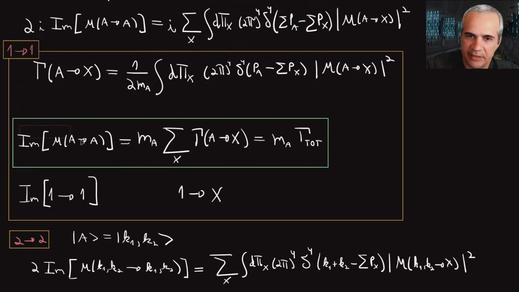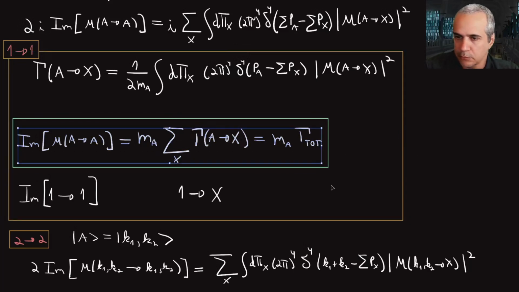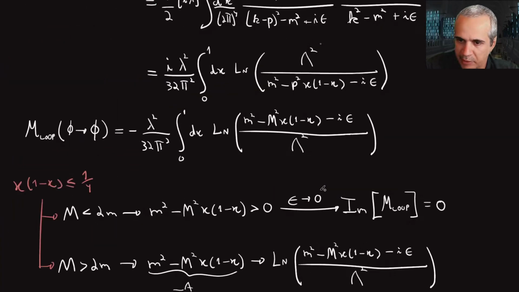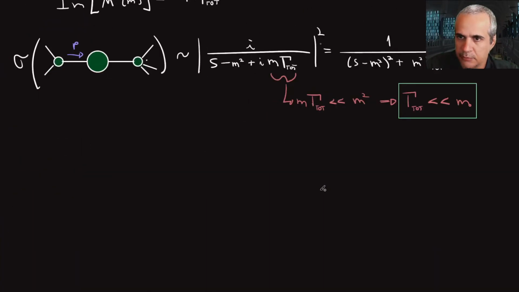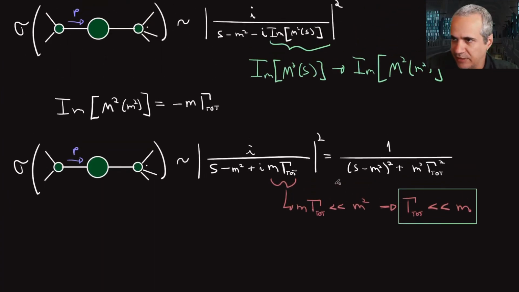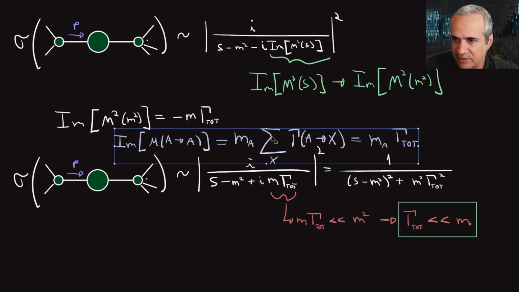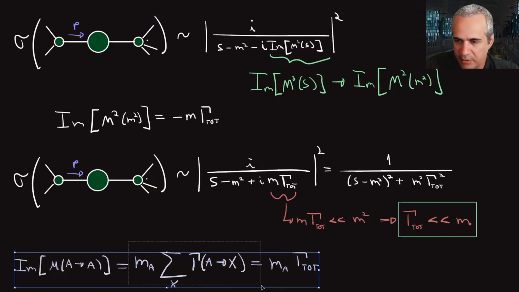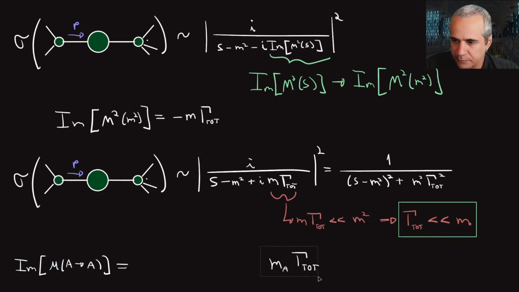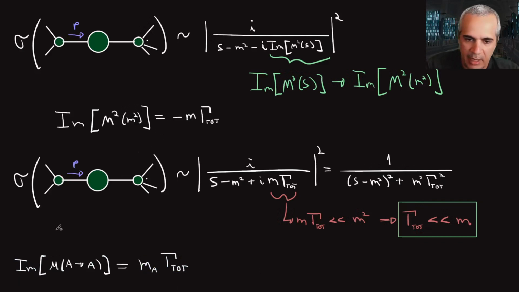If I take this expression and copy it where we need it, notice that this approximation, this identification here, is the same as taking this equation. Let me delete the intermediate steps. This is the same as taking this: i M is equal to minus i, the 1PI contributions, plus whatever is not 1PI.